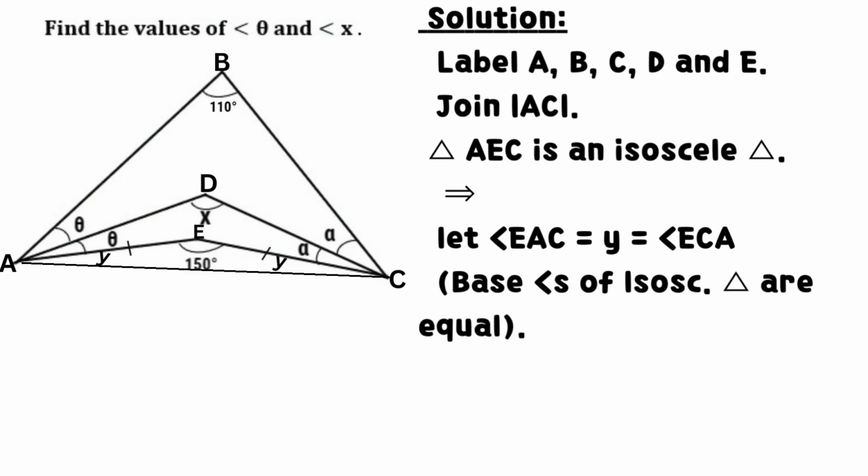It implies that angle ACE equals y equals angle CAE. It is because the base angles of an isosceles triangle are equal. Thus, the sum of 2 times y and 150 degrees equals 180 degrees.